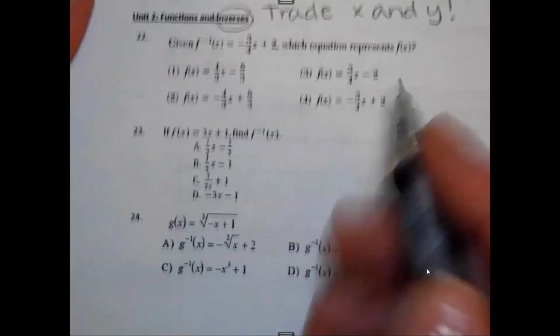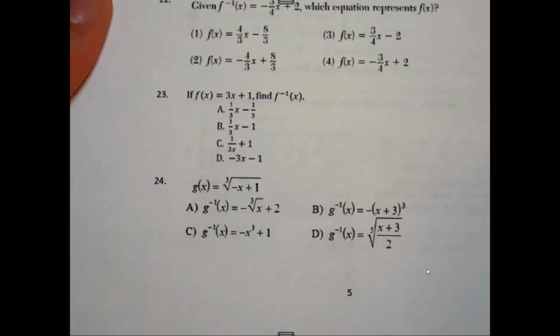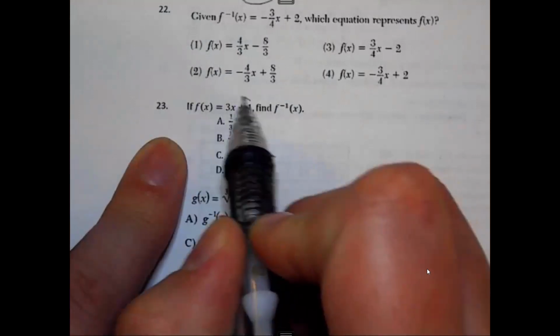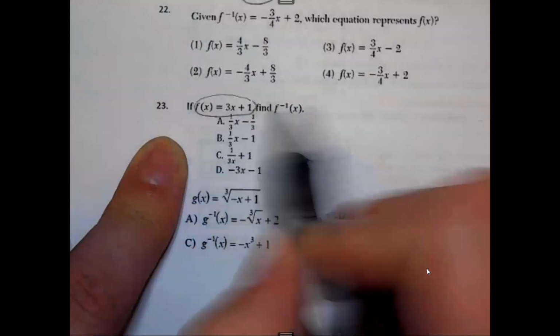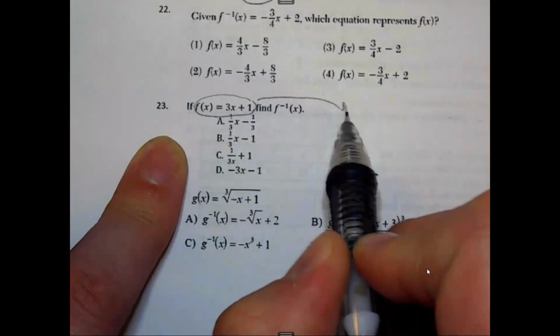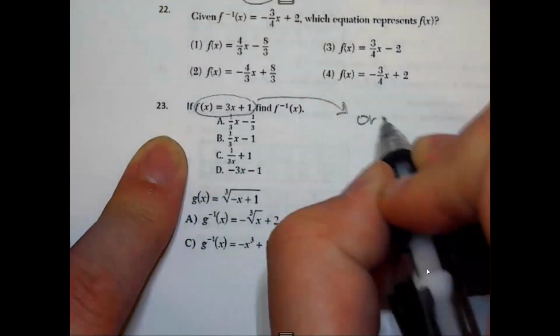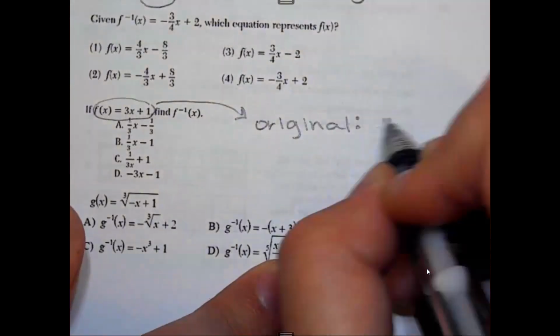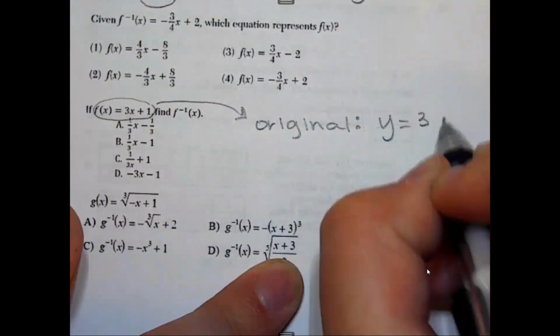So we're going to start with problem 23, and we're going to say, ooh, these are nice, easy problems. The original function is y equals 3x plus 1.